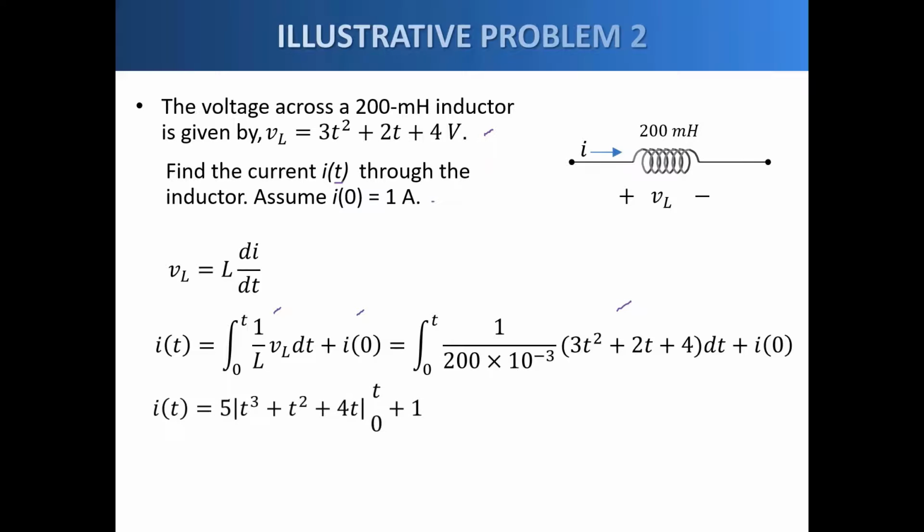Doing the integration will give us this, and then that will give us the final answer, which is this one. So take note here, the current is also increasing. So that's consistent with our polarity of the voltage. So this is a positive. So therefore the current there should be increasing towards the positive polarity of the voltage.